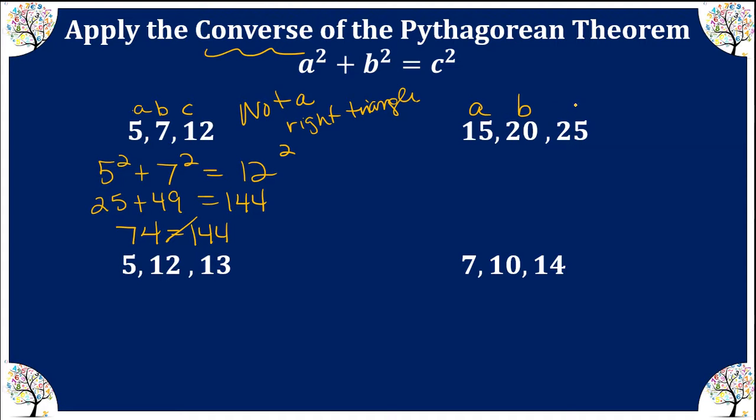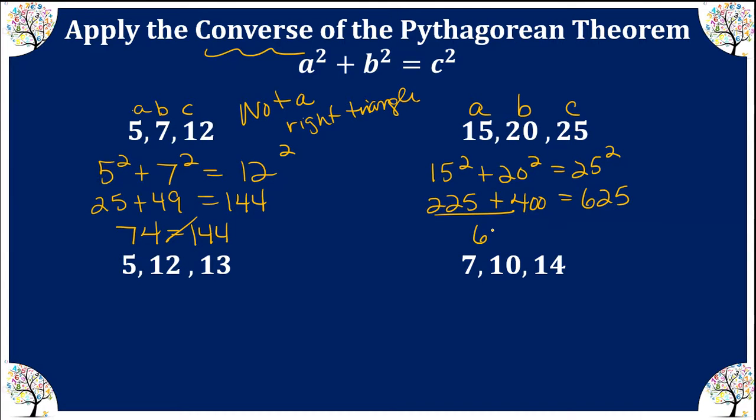Let's test this one. 15 squared plus 20 squared needs to equal 25 squared. 15 squared is 225, 20 squared is 400, and 25 squared is 625. We're going to combine these and we get 625 equals 625. This is true.